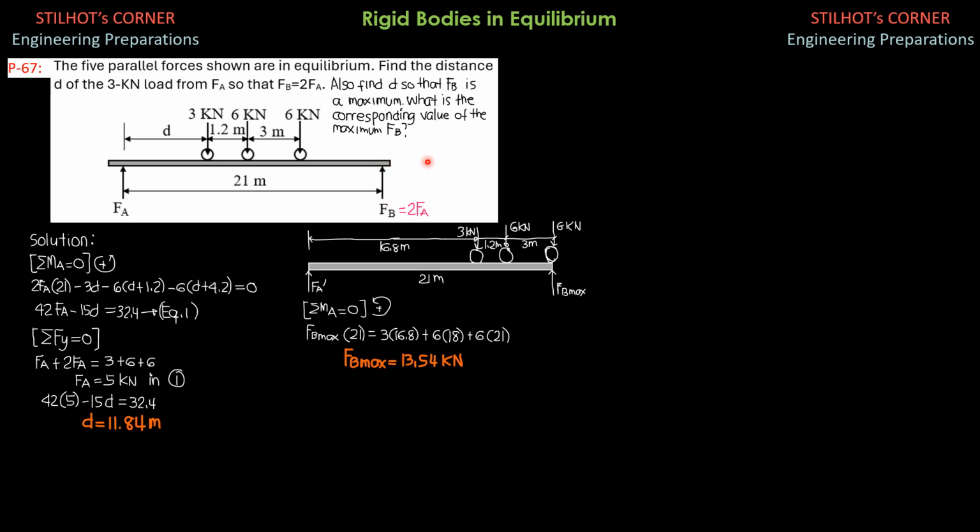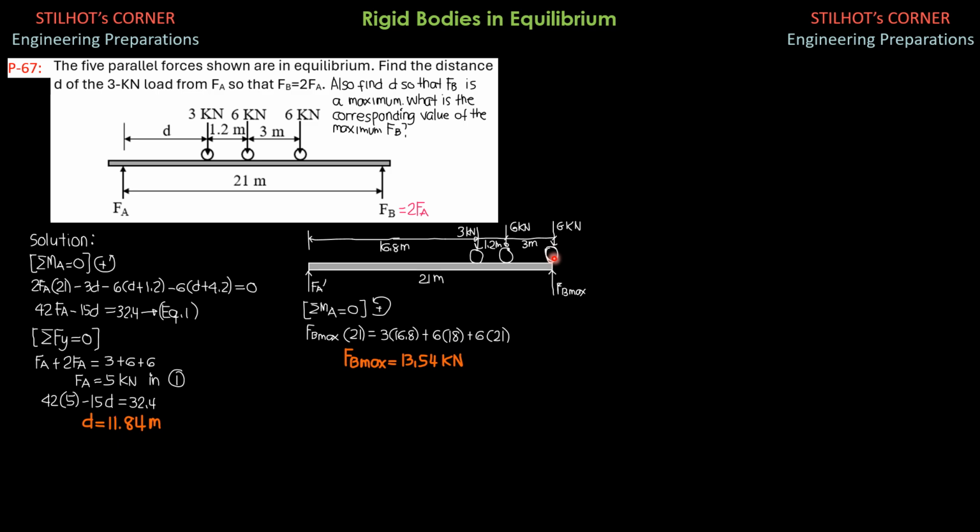And if there is an extension here, an overhang, then to maximize FB, this 6 kilonewton load should be placed at the end of that overhang, and the rest will be at the same distance. So therefore, because this is the end of this beam here, then by common sense, we have to place 6 kilonewtons over this.